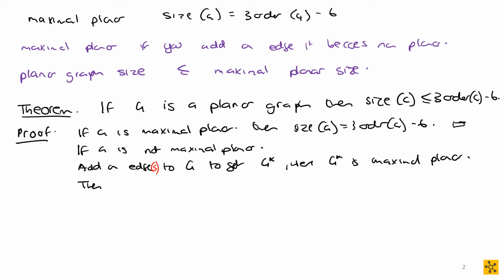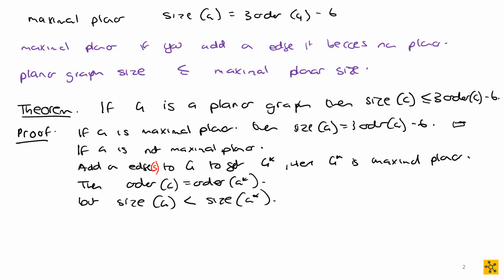If you add edges to a graph, the order of the graph remains the same, right? So the order of G star is equal to the order of G, but the size of G is less than the size of G star.